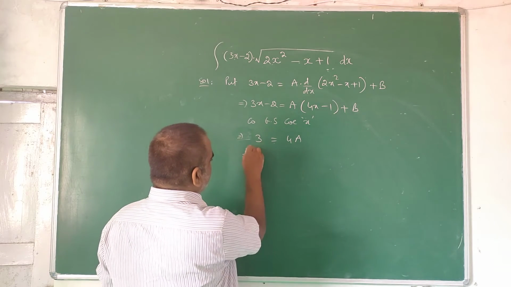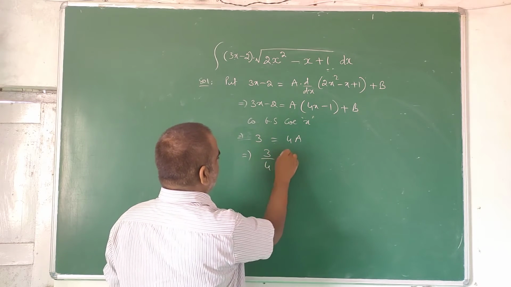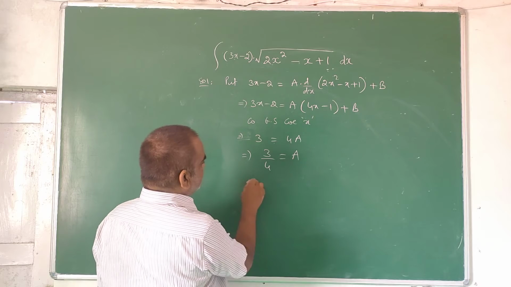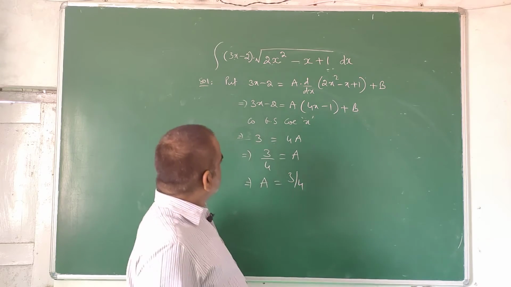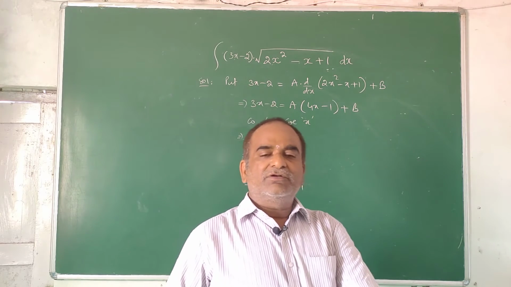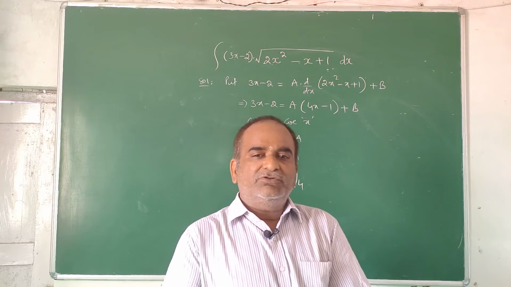This implies 3 by 4 is equal to a, implies a is equal to 3 by 4. So you could successfully get a is equal to 3 by 4.